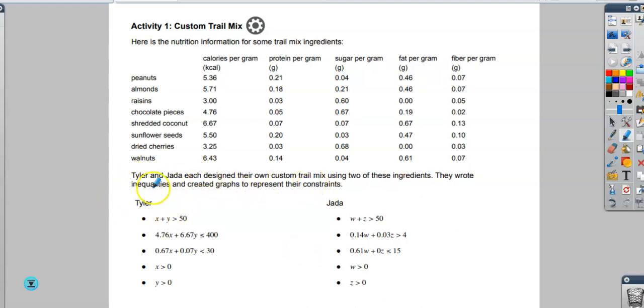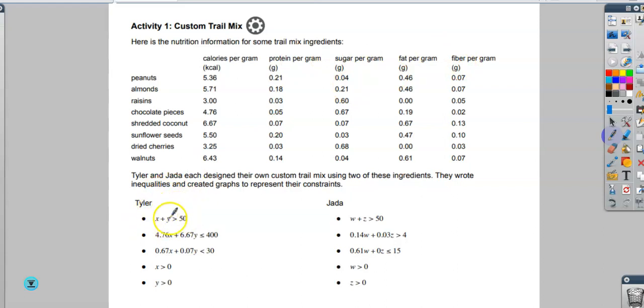So Tyler, this first equation, x plus y is greater than 50. We talked about that yesterday in class. That's just adding. X is going to be grams of something. We're not sure what the ingredient is because this is all per gram. So y is going to be the grams of some other ingredient.